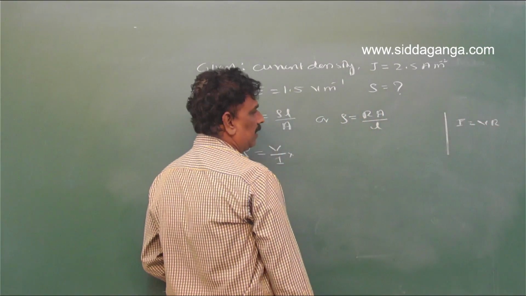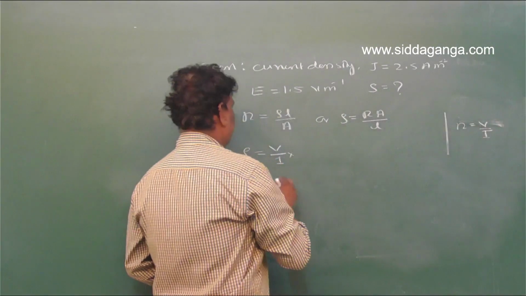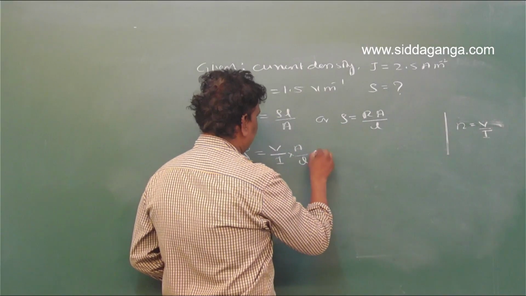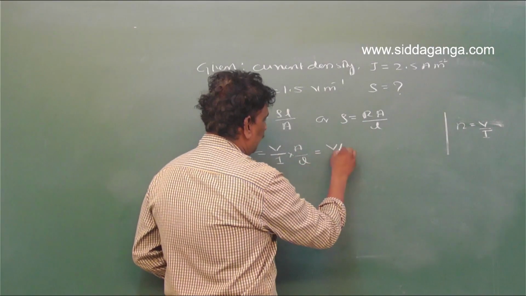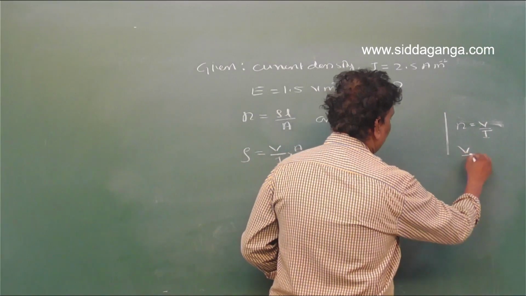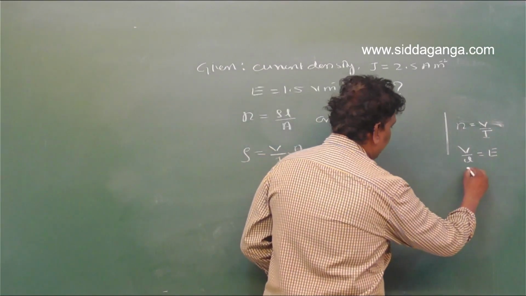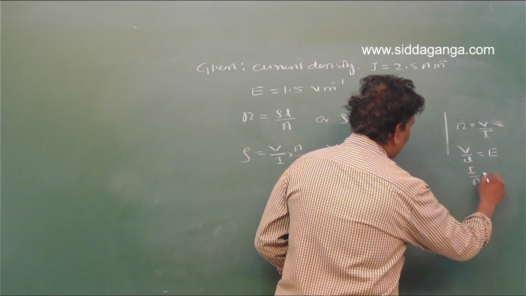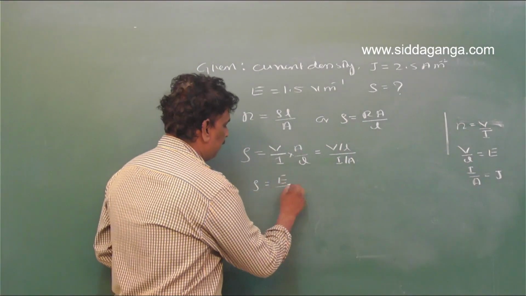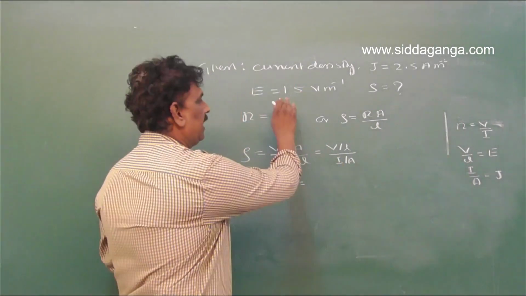So R is equal to V by I. Taking R into A by L, this can be written as V by L over I by A. So V by L is equal to E, volt per meter, the electric field, and I by A is equal to J. So rho is equal to E by J. So E is, this is not 1.5 volt, I think it is 15, sorry, 15 volt per meter.